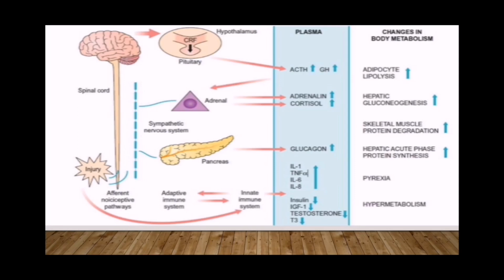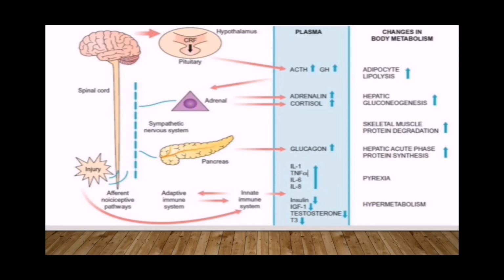In the hypothalamus, there is a release of corticotropin releasing factor, which acts on the pituitary gland, which raises the hormones ACTH and growth hormone in the plasma. ACTH then acts on the adrenal to release cortisol.